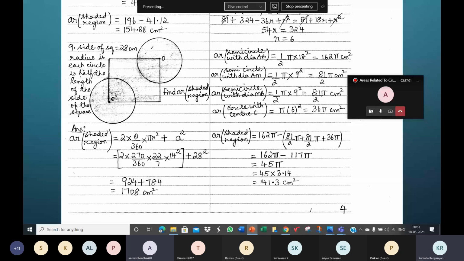Children, my question is find the area of a quadrant whose perimeter is 25 centimeters. Perimeter of the quadrant is 25 centimeters.